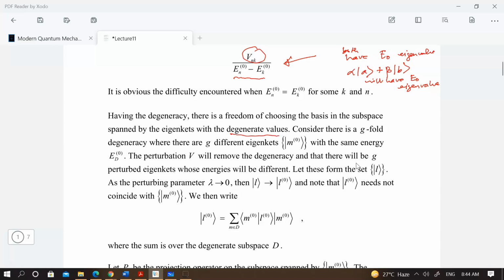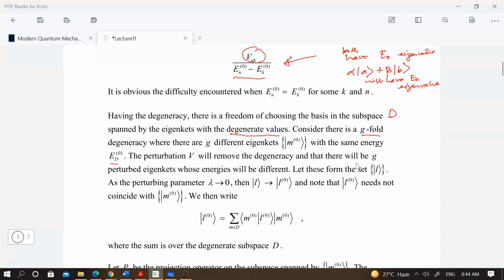We normally call this subspace D. Let's assume the multiplicity of this degeneracy is g, meaning there are g different states that have the same energy, say E_D naught, and these g different states are given by the states m naught.